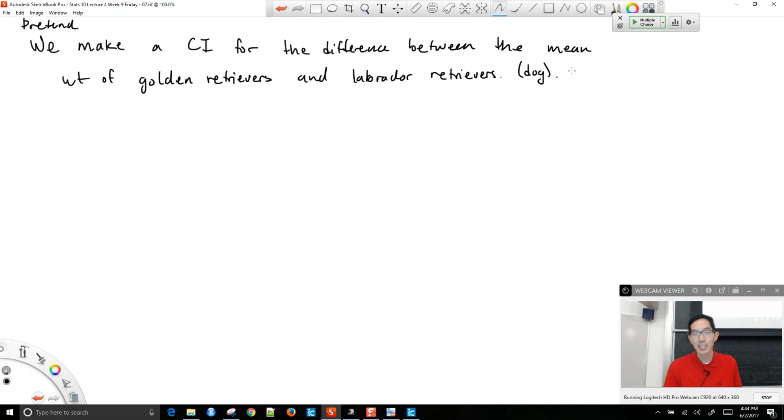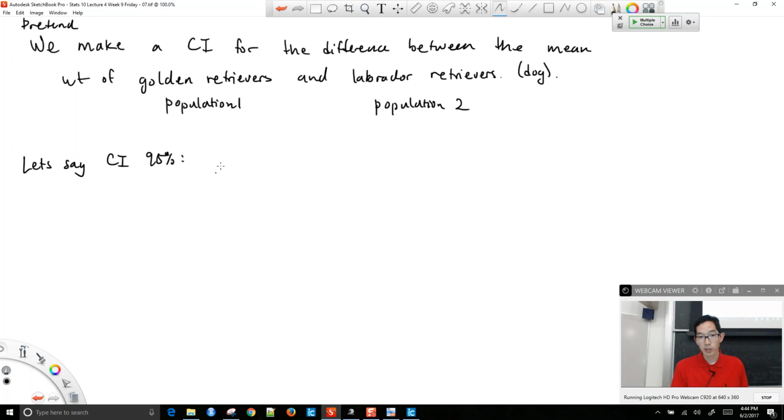All right, so anyway, we make a confidence interval. We'll call golden retrievers population 1, and Labrador retrievers will be population 2. Let's say our 95% confidence interval is 1.74 to 6.58 pounds.